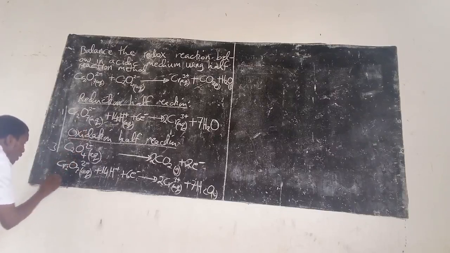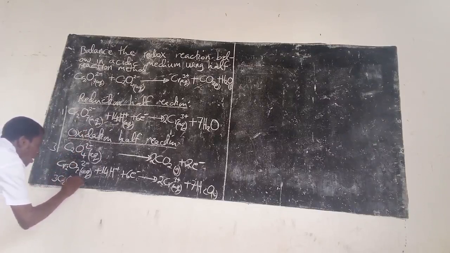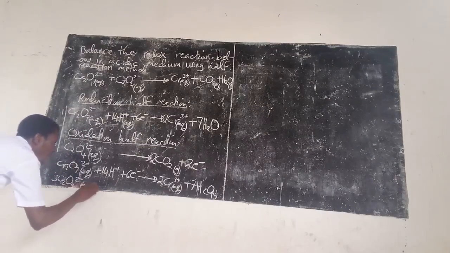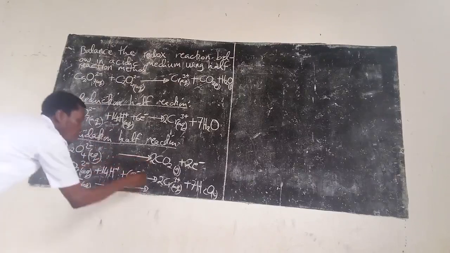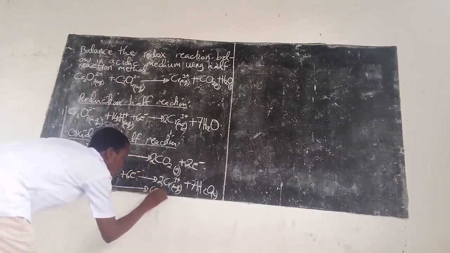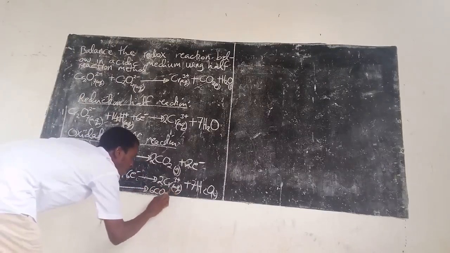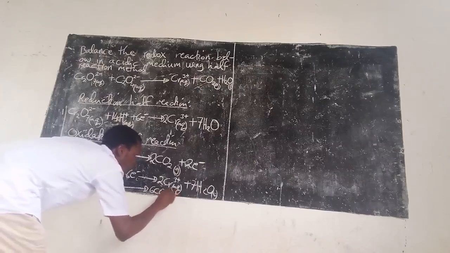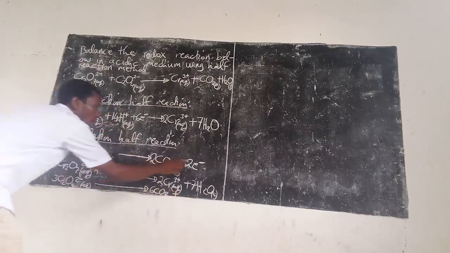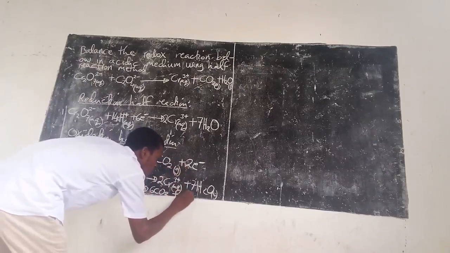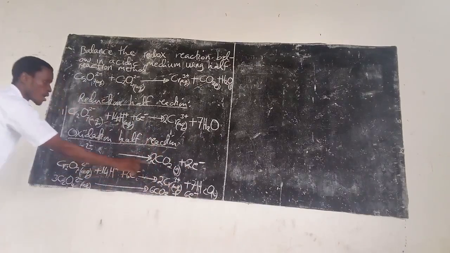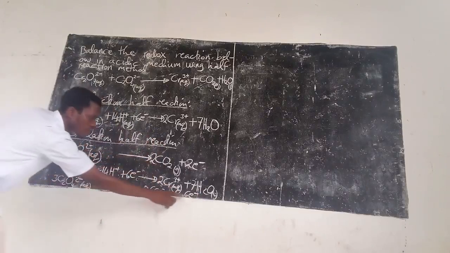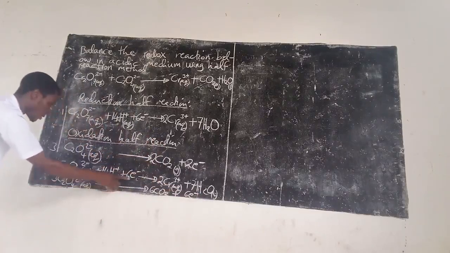And the oxidation half reaction is 3 times oxalate ion aqueous, giving 3 times 2, 6 carbon dioxide, plus 3 times 2, 6 electrons. Then the number of electrons are equal: 6 here and 6 here.